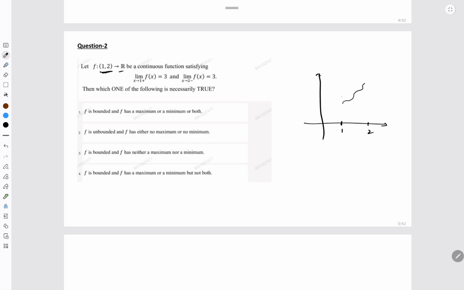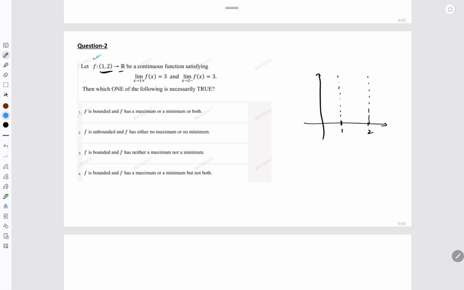So if I just draw 2 vertical lines, I mean this function can be anything, right? I can draw a function like this, like this, like this. Any continuous function will satisfy the definition that there exists a function.